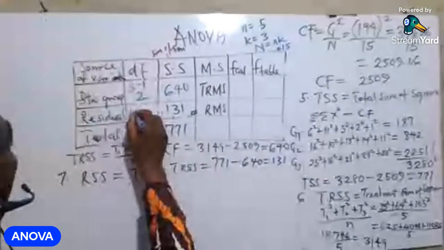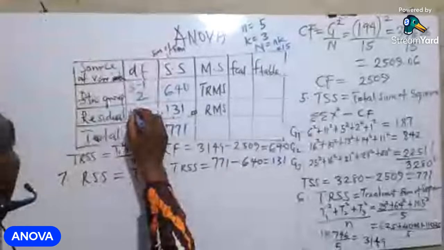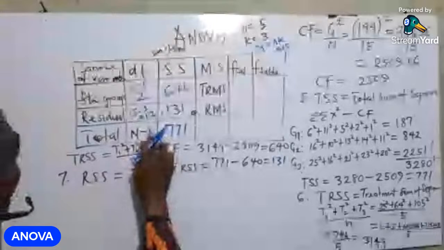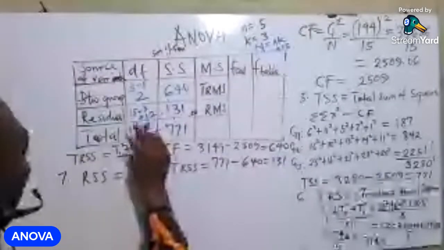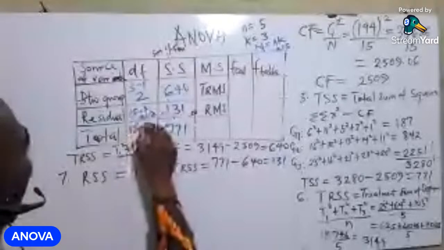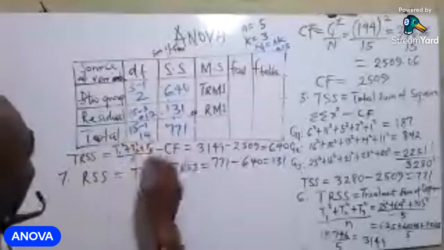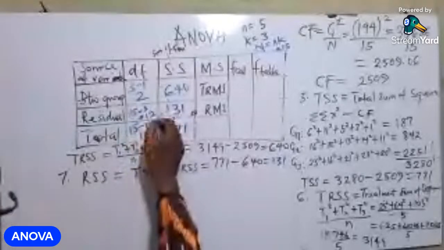So this is 15 minus 3, and that will give us 12. N minus 1, which is what? 15 minus 1, which is going to give us 14. So this is 12. This is 14. We are almost through.